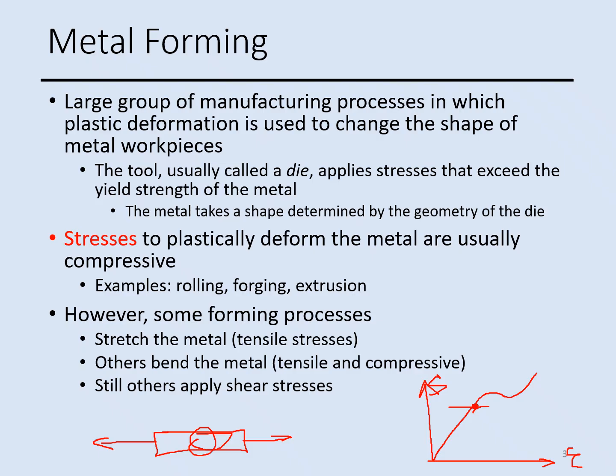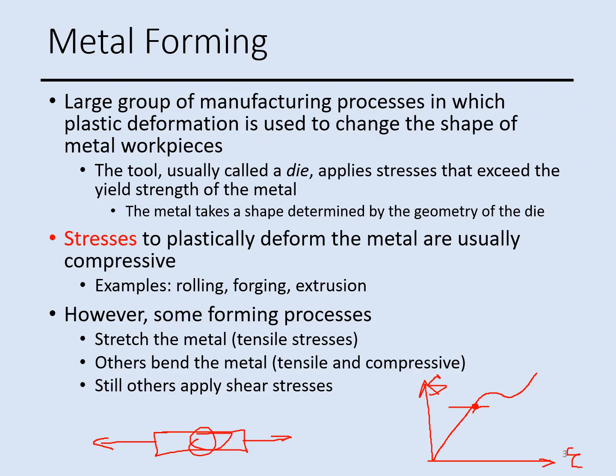And we use this behavior in metal forming. If we didn't have that behavior, we couldn't do any rolling, any forging process or extrusion. That behavior is very important in metal forming processes.